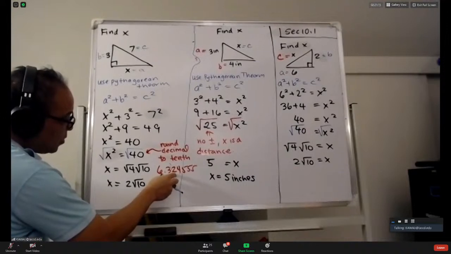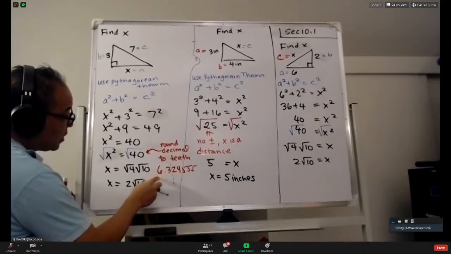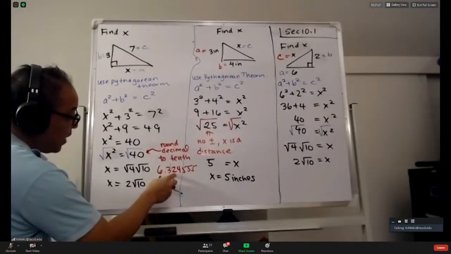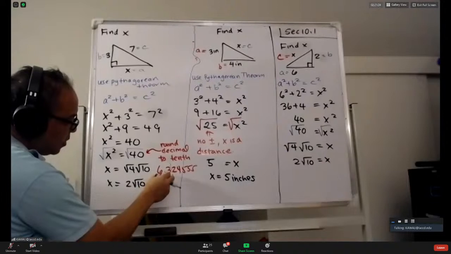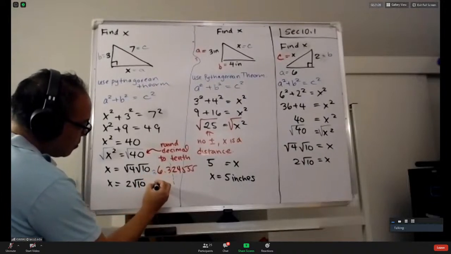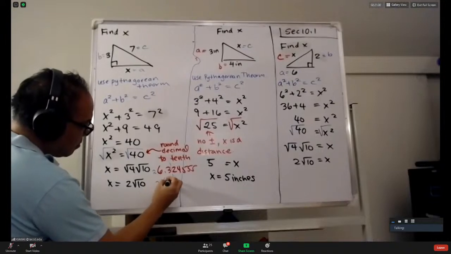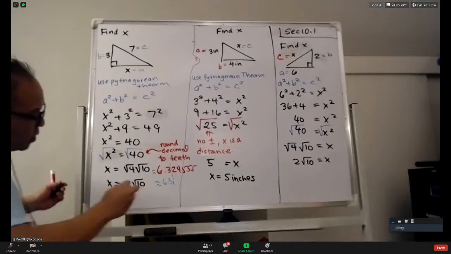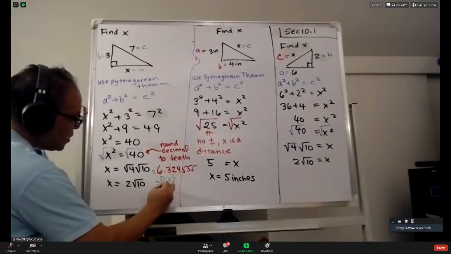So if this number is 5 or bigger, it's 6.4. If this number is smaller than 5, then we keep it the same. So over here, we're going to keep it the same. Okay. So in your XYZ homework, they want you to have that.